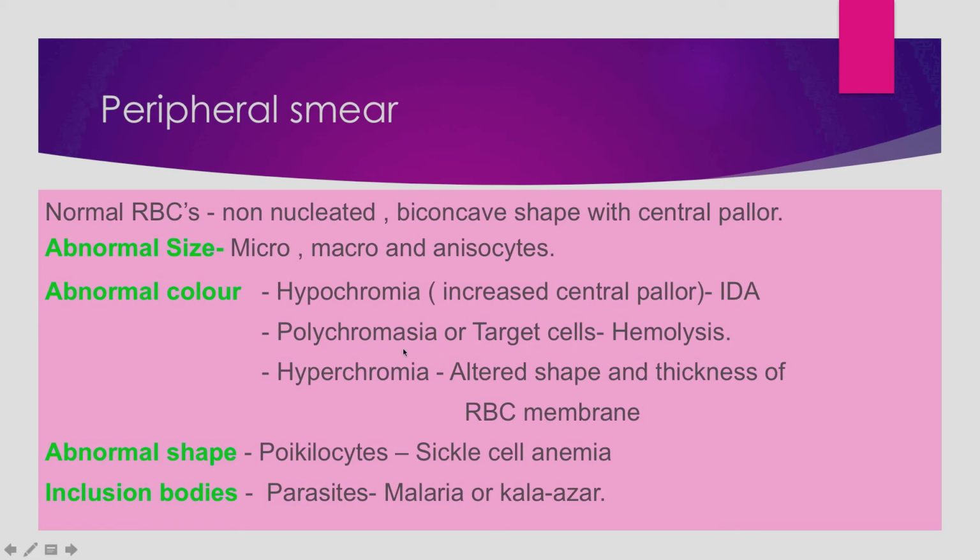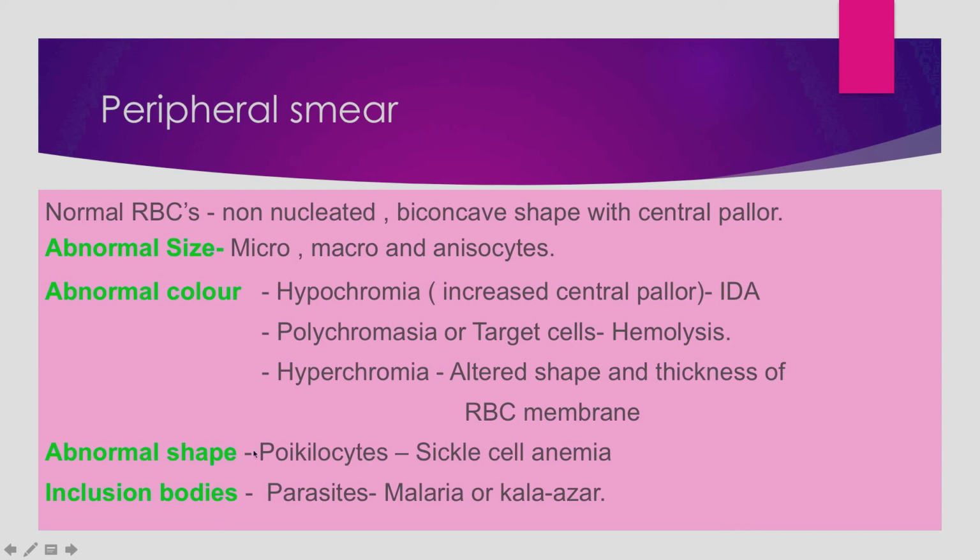Polychromasia or target cells: polychromasia means the color of the cells will be altered. It is seen in some hemolytic conditions where we see the target cells. Then abnormal shape. The shape of the RBC is generally biconcave, but if it is of different shapes, for example elliptical, or spherical, or sickle shaped, as in sickle cell anemia, then they are called poikilocytes.